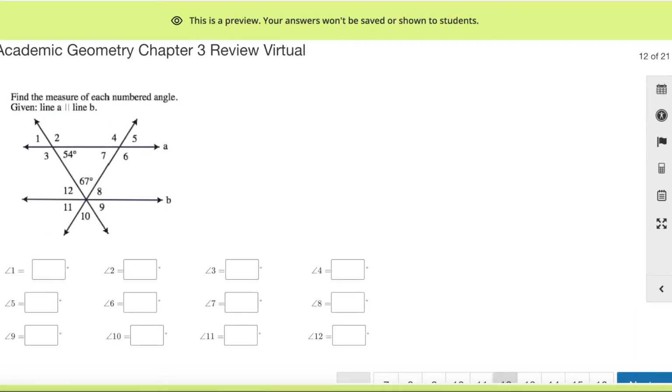All right, let's try to find these answers. Okay, so we got a 54, vertical, 54, linear pairs, 126, 126.